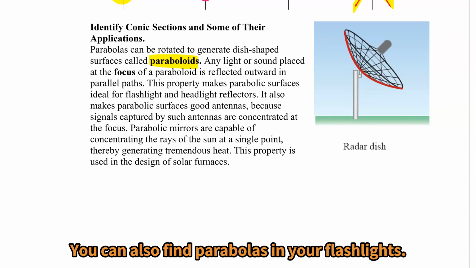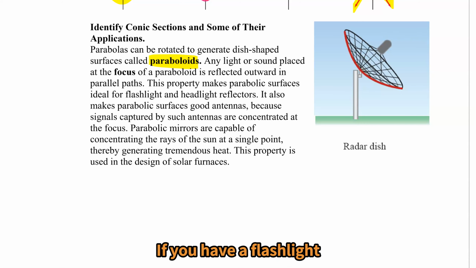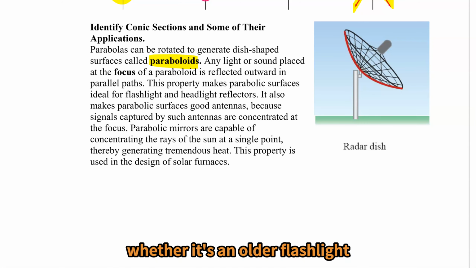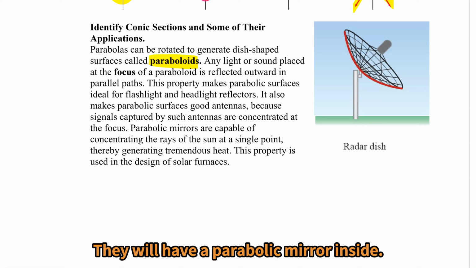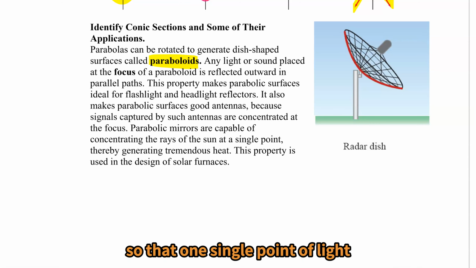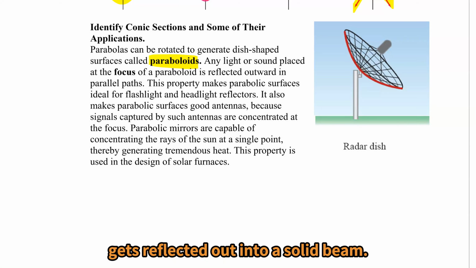You can also find parabolas in your flashlights. If you have a flashlight and you look inside, whether it's an older flashlight with an incandescent bulb or a newer one with an LED bulb, they will have a parabolic mirror inside, and the intent with the mirror is so that one single point of light gets reflected out into a solid beam.